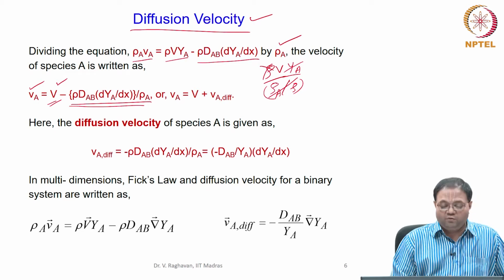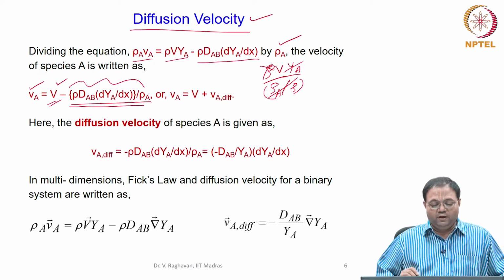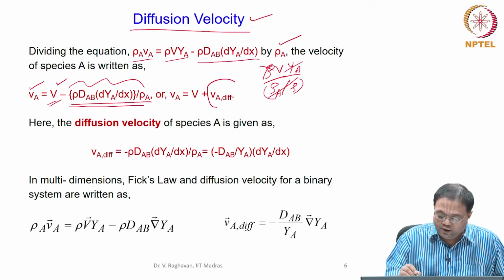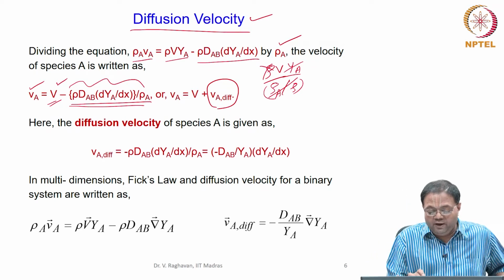Capital V is the mixture velocity, so this remaining term should also be a velocity. That velocity I call the diffusion velocity of species A, written as small v, A, comma diffusion.